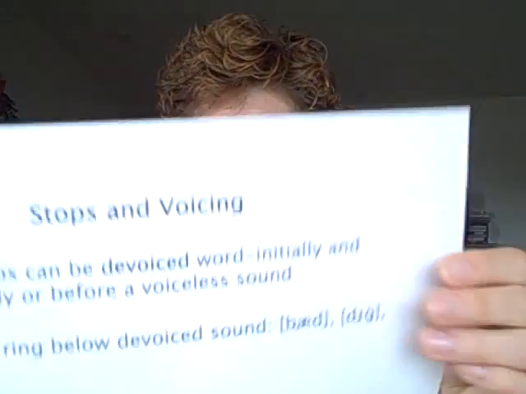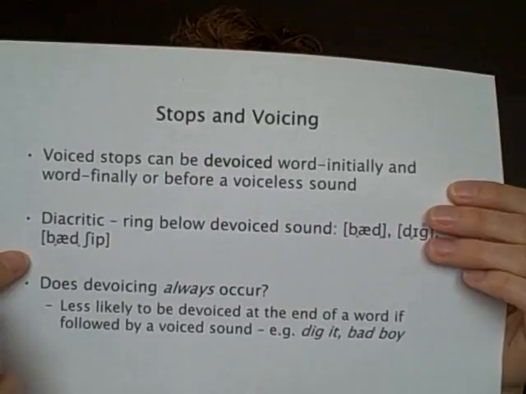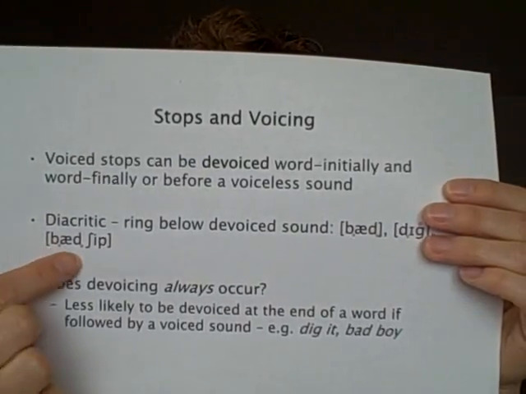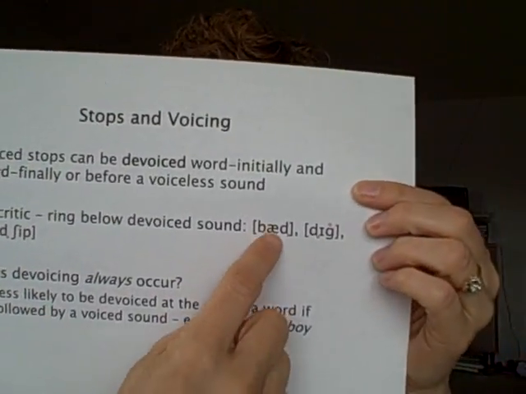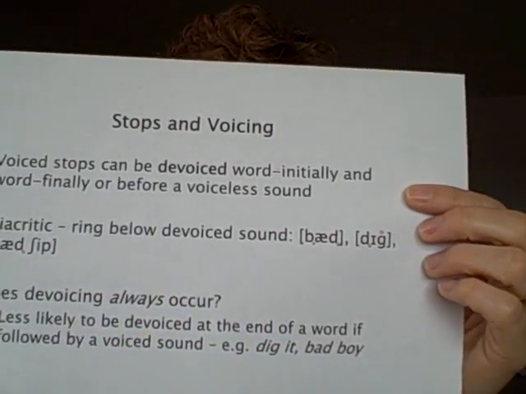So bad, dig, bead, and ship, you can see that their voicing is a little bit different. You can see where the diacritic marks are going. So, does devoicing always occur? Less likely to be devoiced at the end of a word if followed by a voiced sound. So, dig it or bad boy. Think about the voicing when you're talking about those.